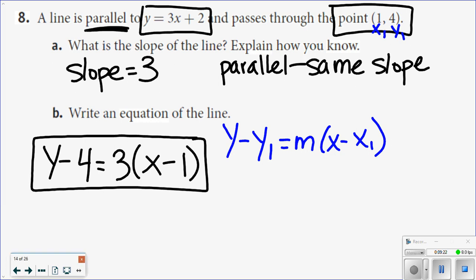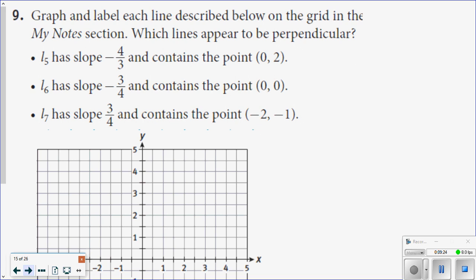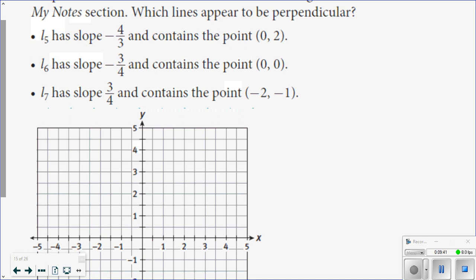Okay, question 9. We're going to do a bit of graphing in the My Notes section of your book. They gave you a graph. So we're going to draw L5, line 5, and it has a slope of -4/3, and it contains a point 0, 2.